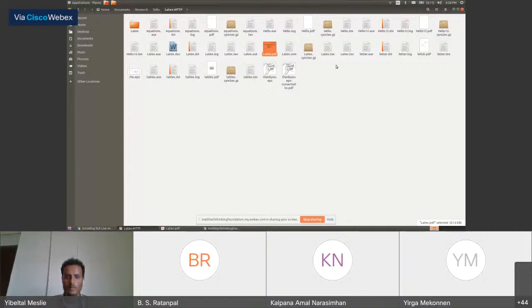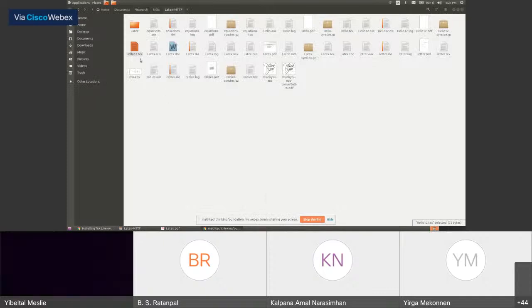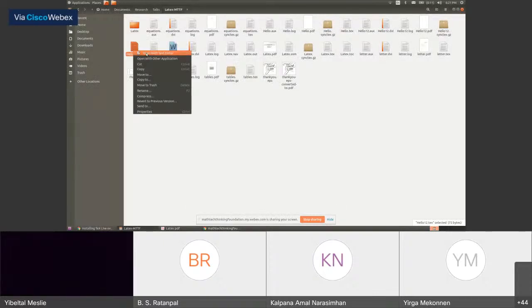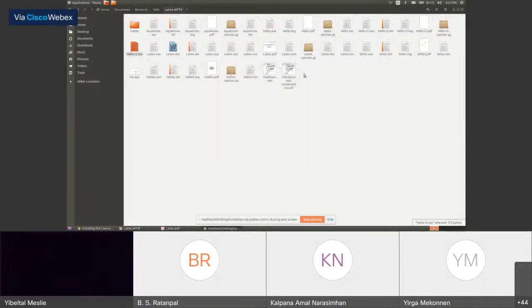Here we have hello12.tex. If I want to open it, I will say open with other application, open with TeXmaker.